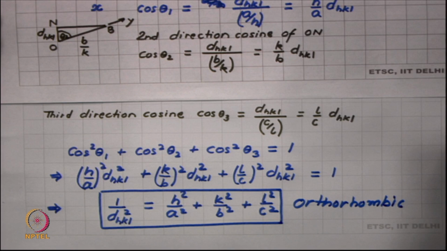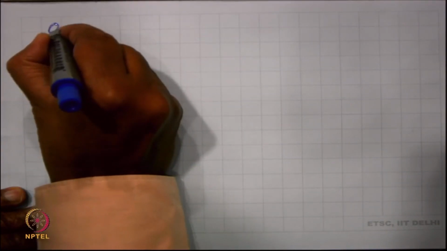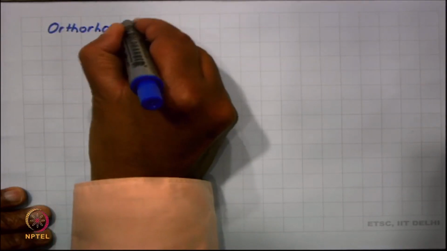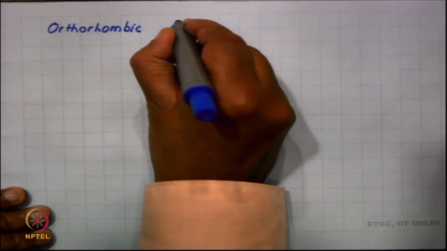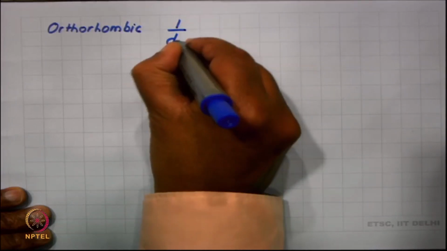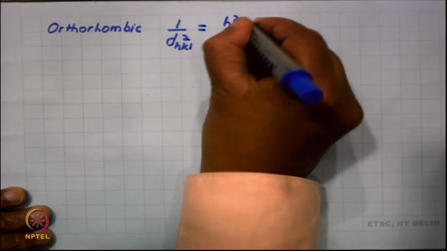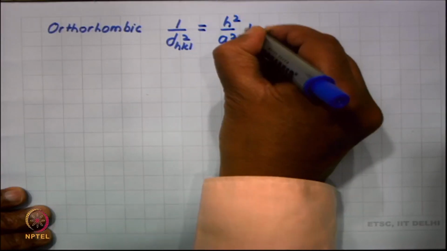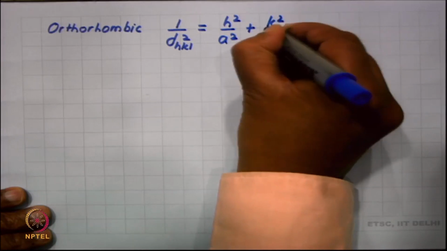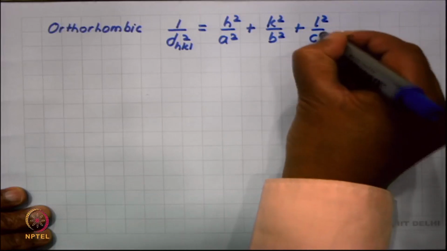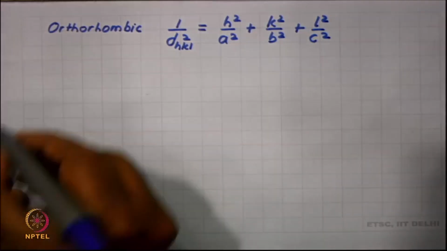We can quickly derive the special cases. For orthorhombic, we just derived that 1 by d_hkl squared is h squared by a squared plus k squared by b squared plus l squared by c squared.